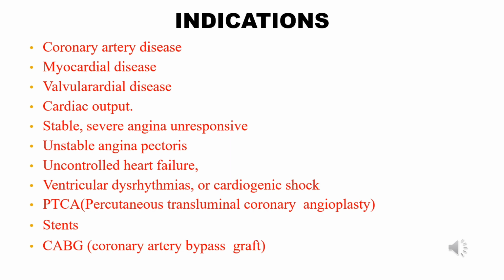So here, to assess stable or severe angina not responsive to medical management, unstable angina pectoris, uncontrolled heart failure, ventricular dysrhythmias or cardiogenic shock. This is all associated with acute myocardial infarction, papillary muscle dysfunction, ventricular aneurysm or septal perforations.